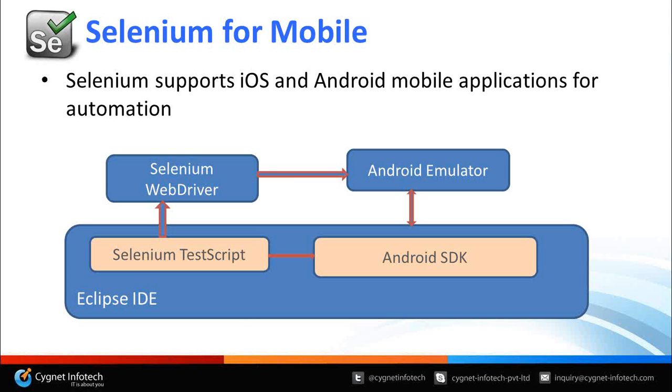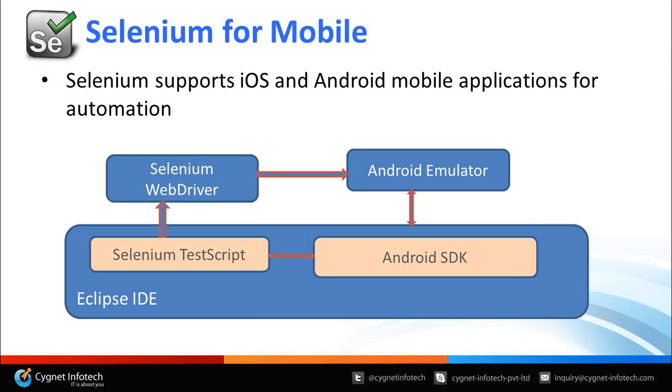Okay, Selenium for mobile also supports both iOS and Android as of right now, specifically for mobile applications. The setup looks similar to what we saw above for MonkeyTalk, but in this case, you can directly develop your test script in the IDE of your choice. The IDE has to be able to integrate directly with Android SDK.